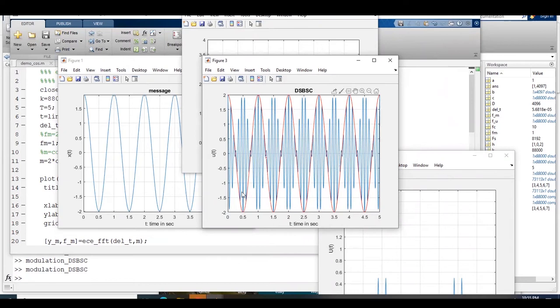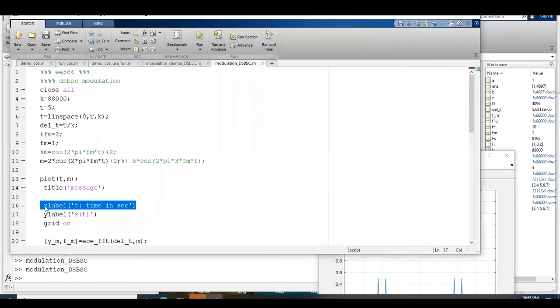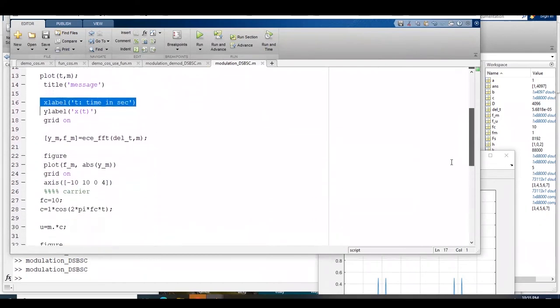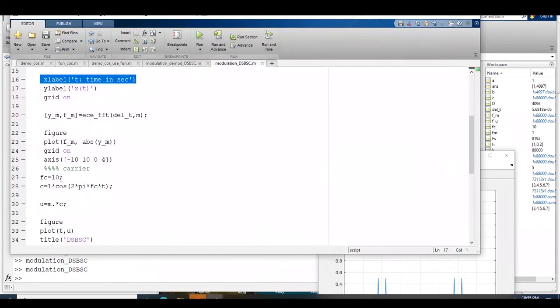Okay, and what about the frequency domain? My carrier frequency is 10. This is just for illustration purposes, not in gigahertz, because it's so hard to illustrate if I have higher frequency here. So let's look at here.